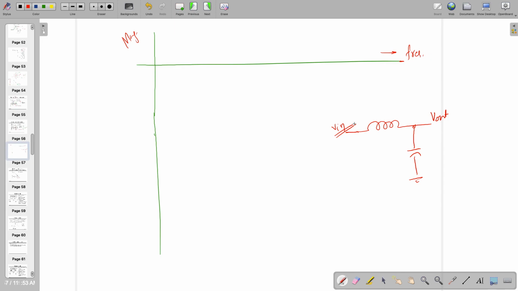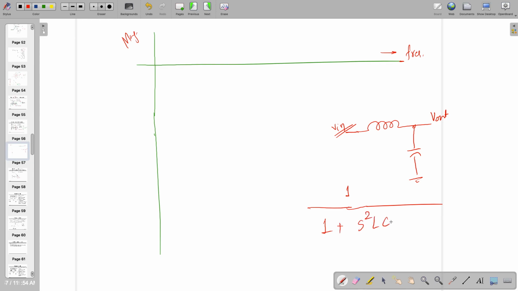In this case, if omega is greater than 1 by root LC, look at the 1 by CS. Still we have time. So this is the thing, right?